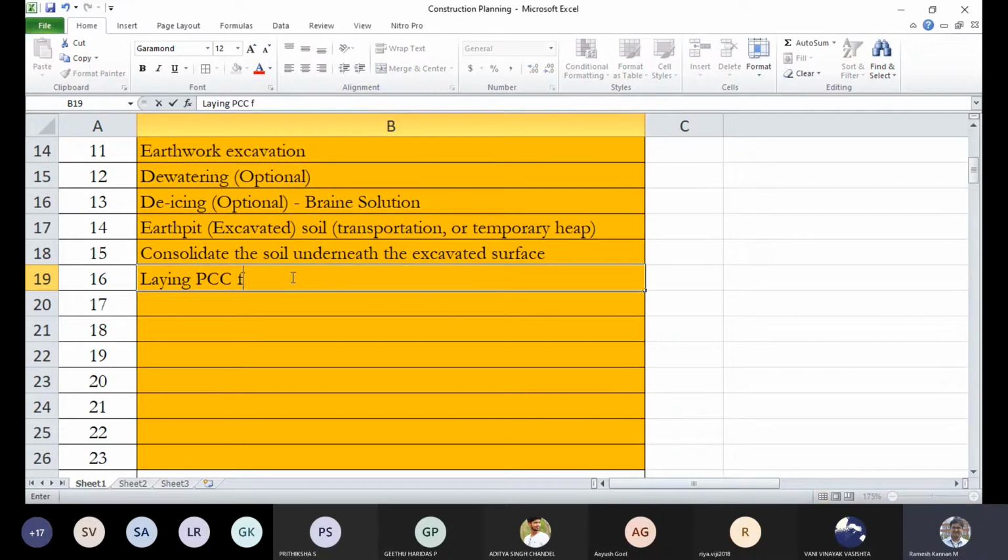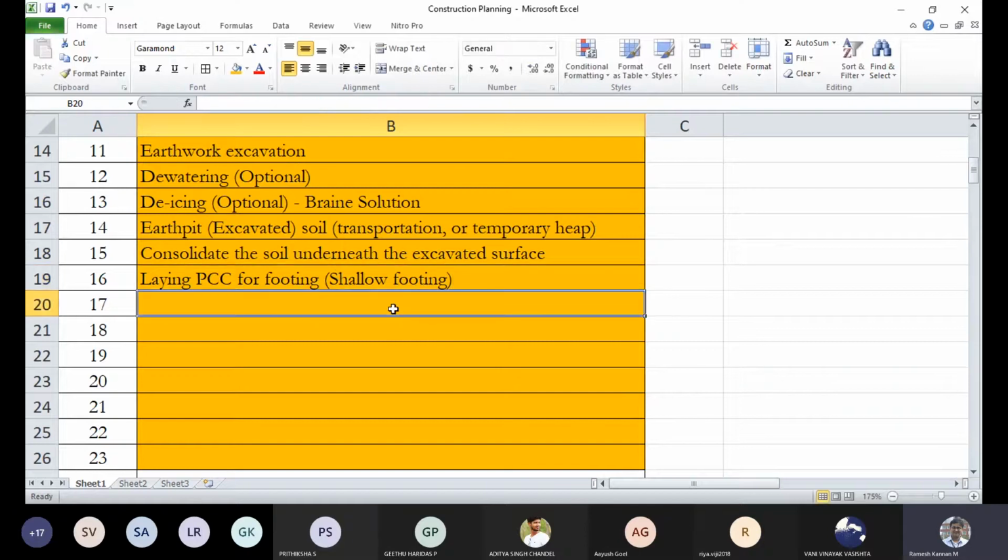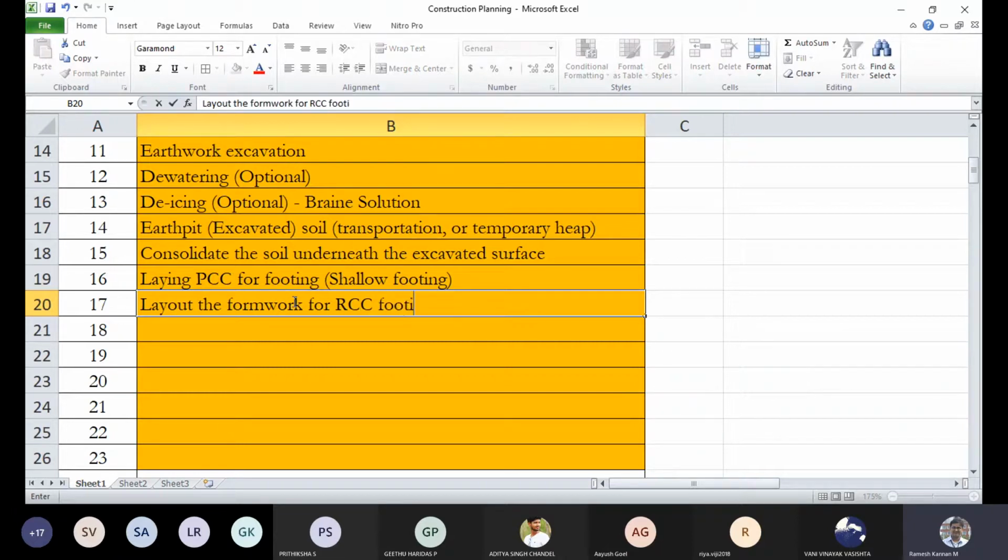PCC for footing. And here we need to understand shallow footing, because it's G plus 1, and we assume that the soil is very good and has a safe bearing capacity. And then laying PCC footing. Then what we generally do is lay out the form work for RCC footing.